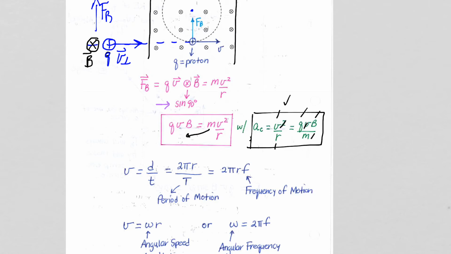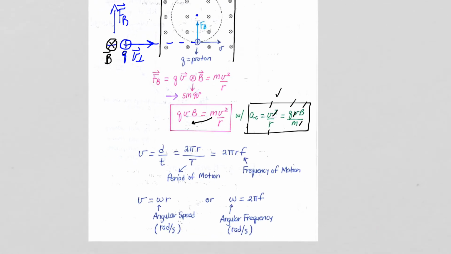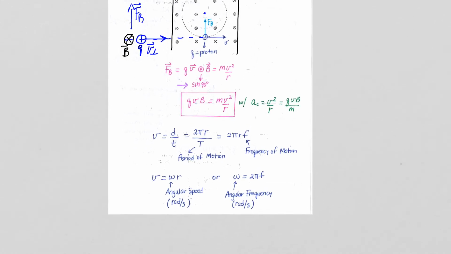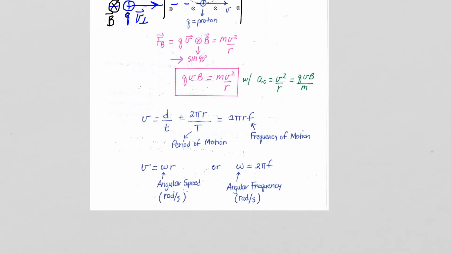So in addition to this analysis, you definitely would have to be able to derive either of these equations. Let me clean it up here. So either of the equations, the purple QVB equals mv squared on r, or the centripetal acceleration, you are going to have to remember some of our circular motion equations that have other variables.